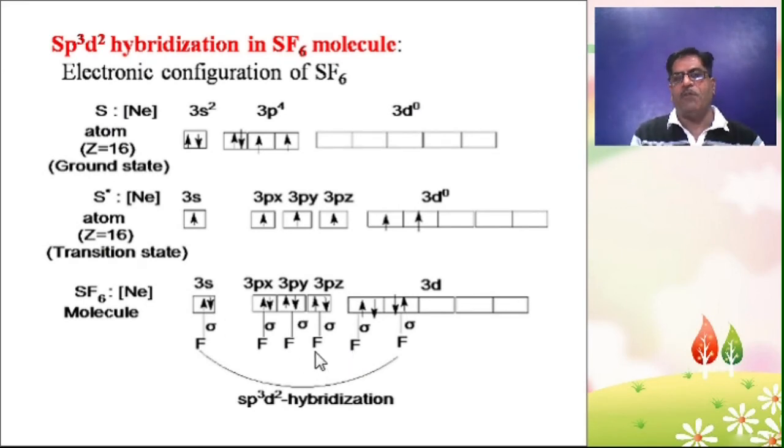Therefore there are 6 bond pair electrons, meaning 6 sigma bonds: 1 electron of 3s combines with 1 electron of a fluorine, 1 electron of 3px with 1 electron of another fluorine atom, and so on to form 6 bond pairs of electrons. So there are 6 sigma or bond pair electrons in the SF6 molecule, and sp3d2 hybridization is formed in SF6.